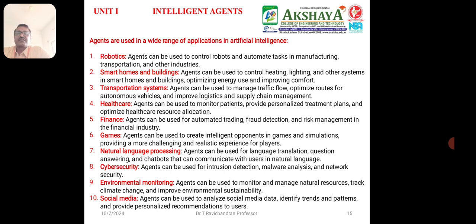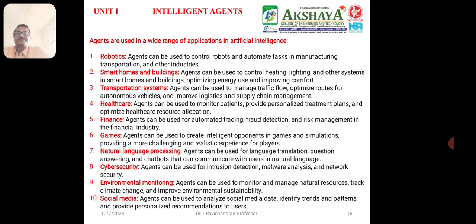Natural language processing lets machines interact with humans through chatbots, processing instructions to make decisions. Next is cyber security, which detects unwanted information and performs malware analysis, network control and network security.